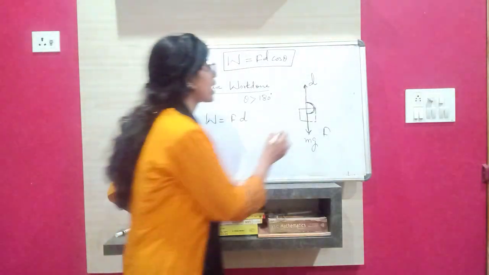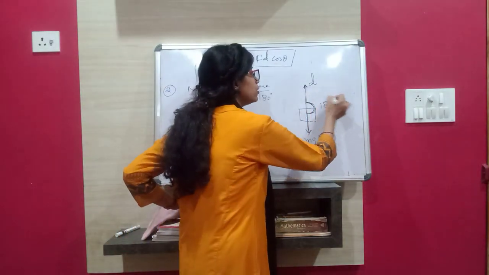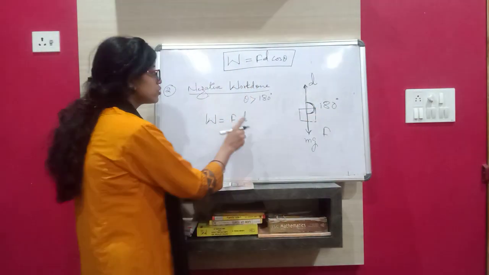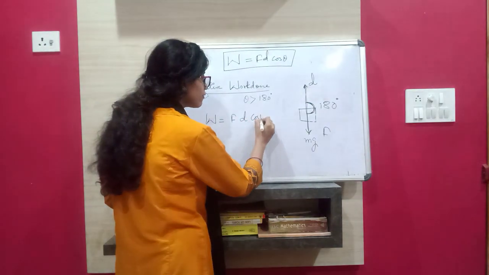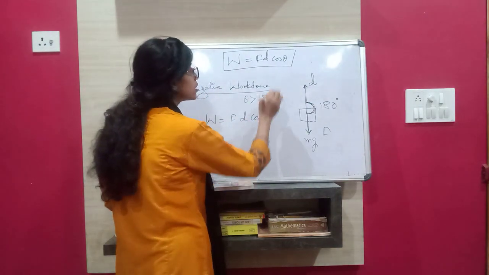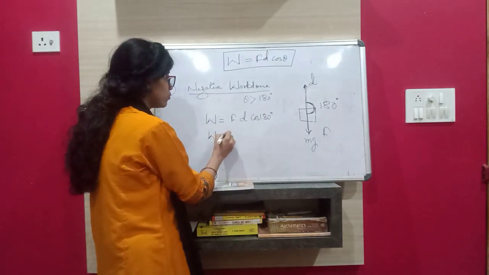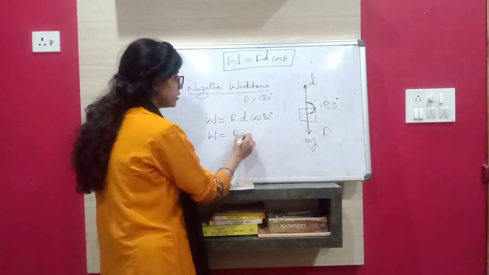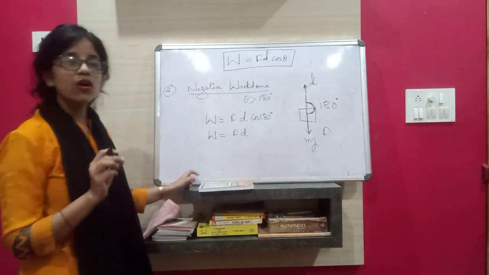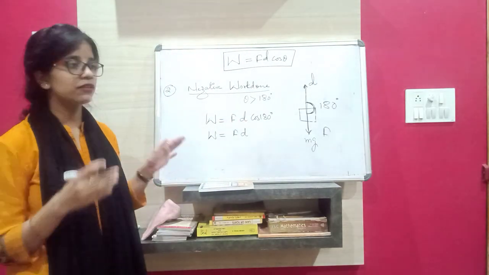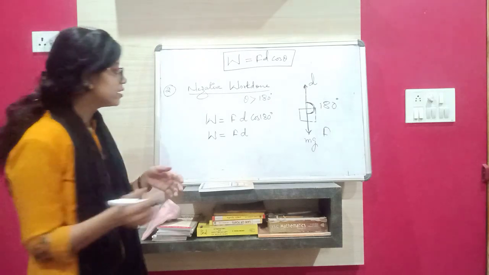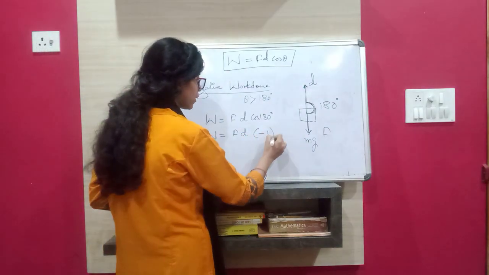Here you can see the angle between the two is actually 180 degrees. So if you are going to put the value, it should be cos theta, theta is 180 degrees exactly. So here we have W equals F D cos 180, and cos 180 is minus 1.